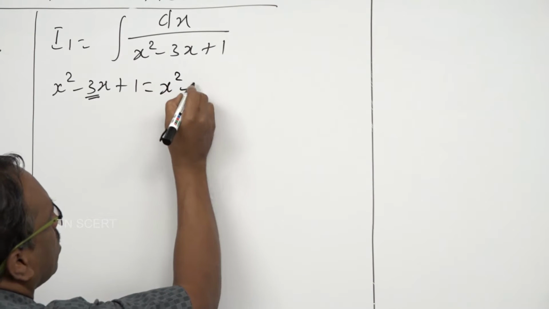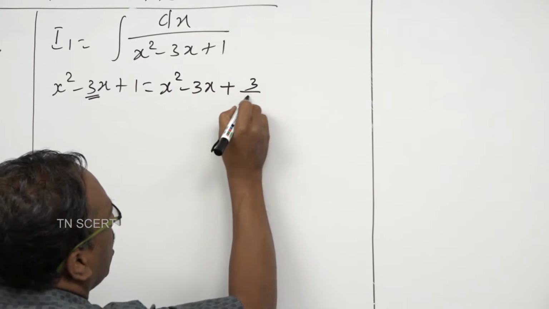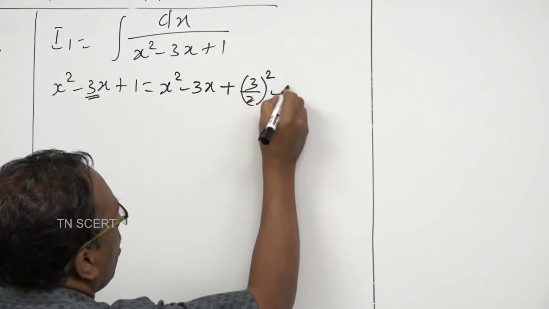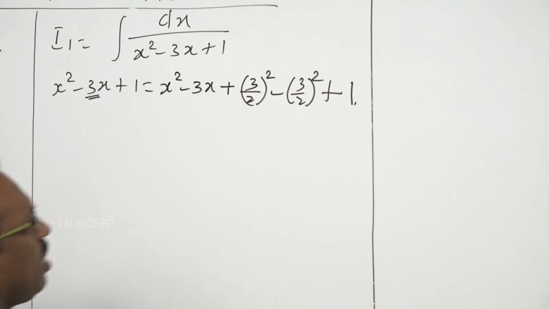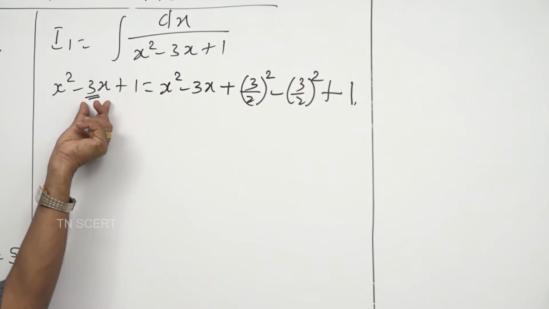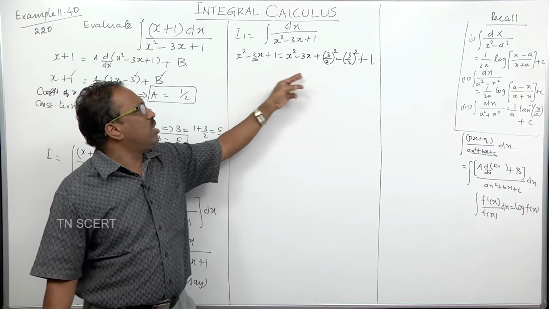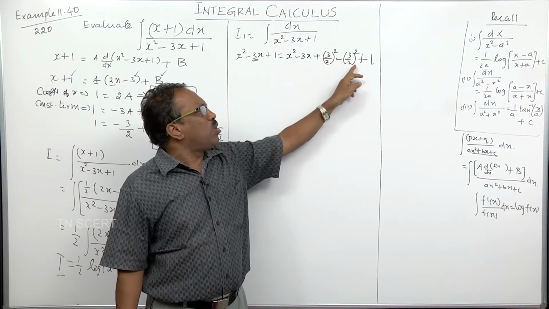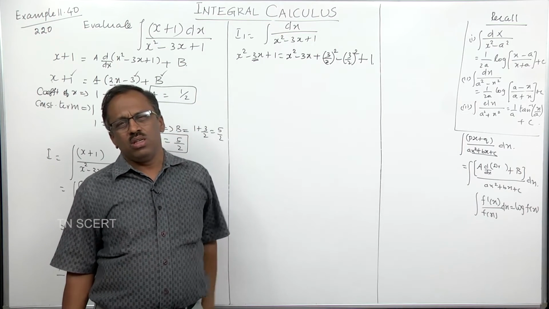So x square minus 3x, plus 3 by 2 the whole square, minus 3 by 2 the whole square, plus 1. What exists in x, that term divide by 2 always. That means minus 3 by 2 the whole square plus 3 by 2 the whole square always.